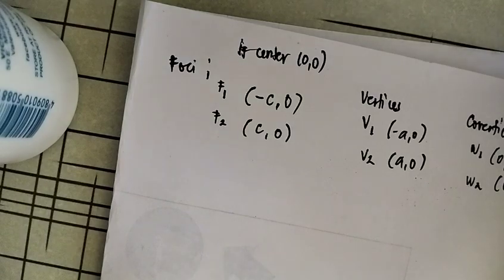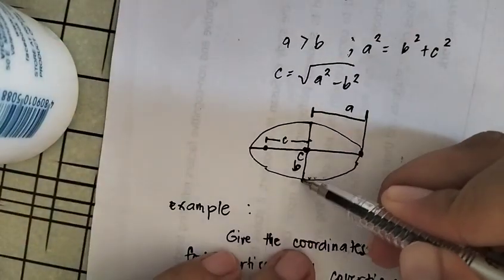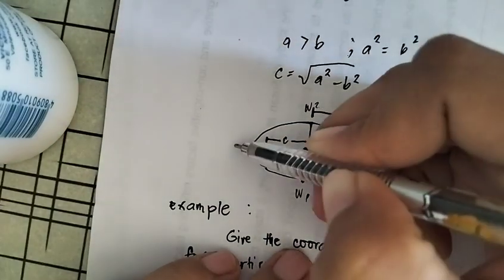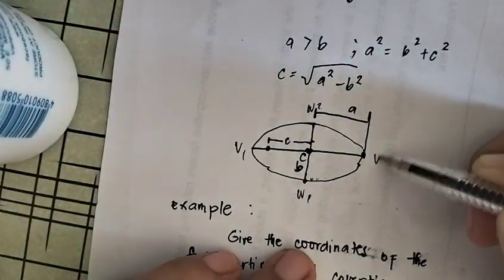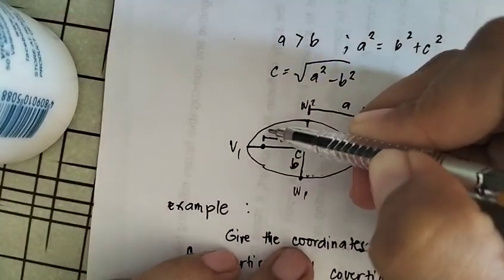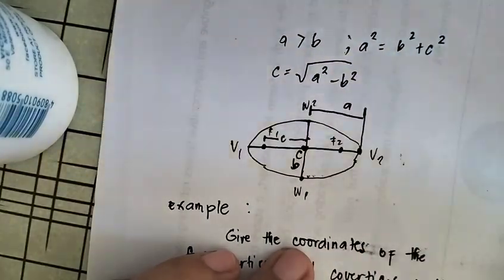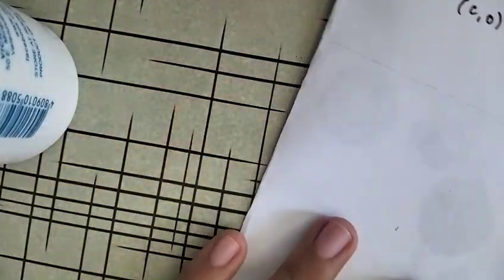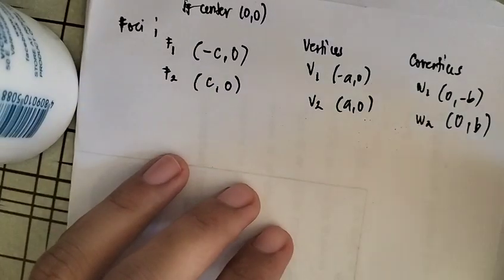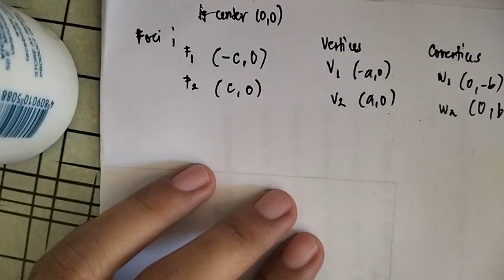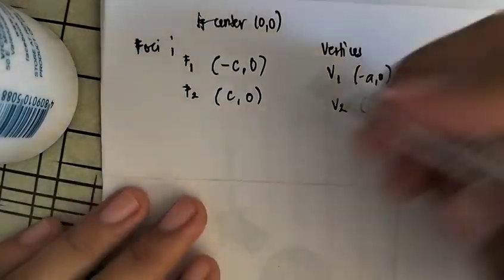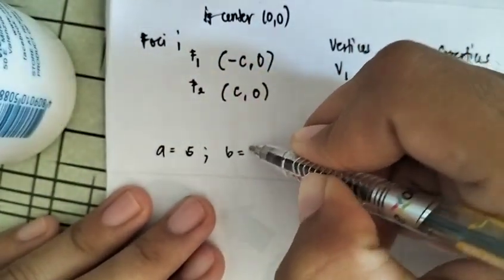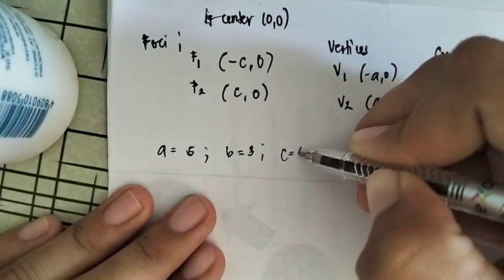So, these are on the minor axis, W1 and W2, and these are V1 and V2, and the foci F1 and F2. These are the points we will find. So, we now have the formulas, and the values we got earlier: a is 5, b is 3, and c is equal to 4.